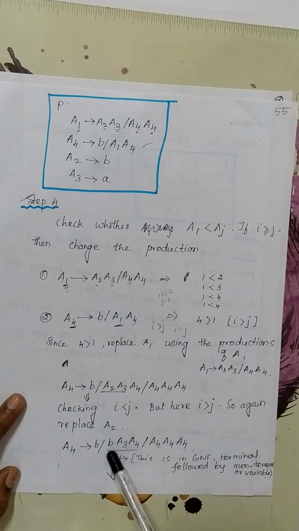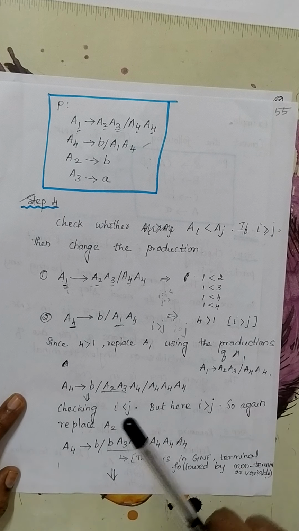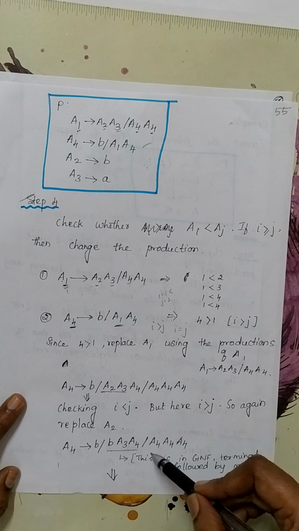In this case, this particular production is of the form a single terminal followed by variables, so we can say that this is definitely in GNF, because the terminal is followed by the non-terminal or variables. So we have to change this one only.